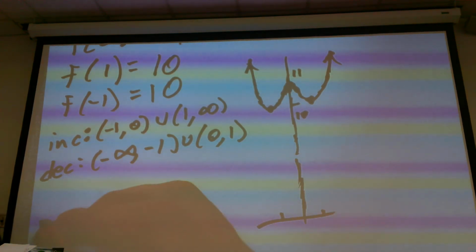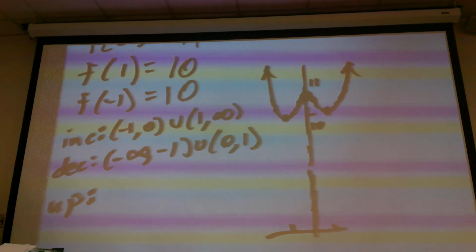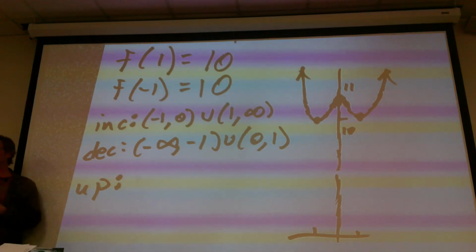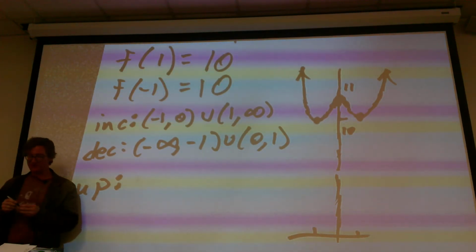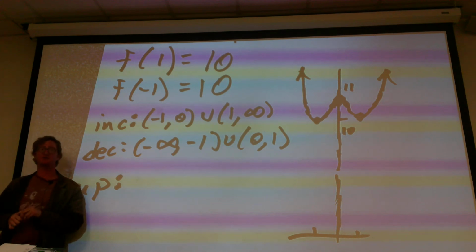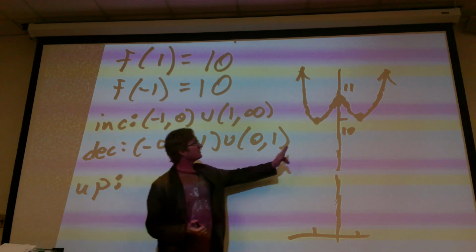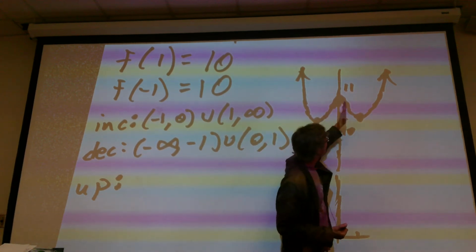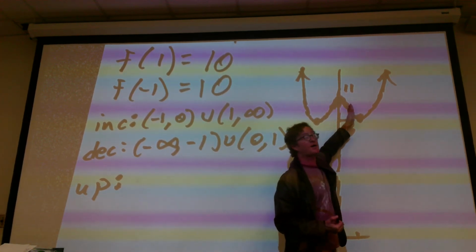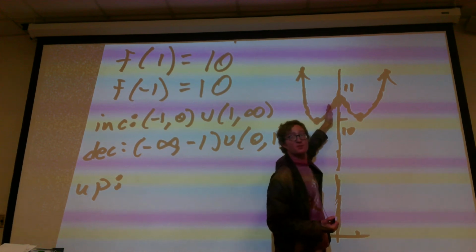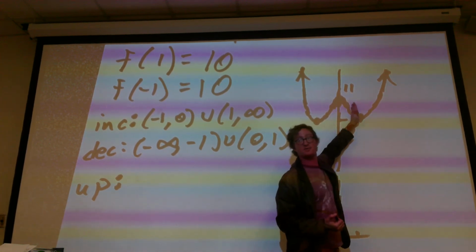So we'll start with up. Now remember, the concave up and concave down are always going to be associated with the inflection points. So the inflection points are occurring right inside of here and right inside of here. This is going to be negative 1 over the square root of 3, and this is going to be positive 1 over the square root of 3.